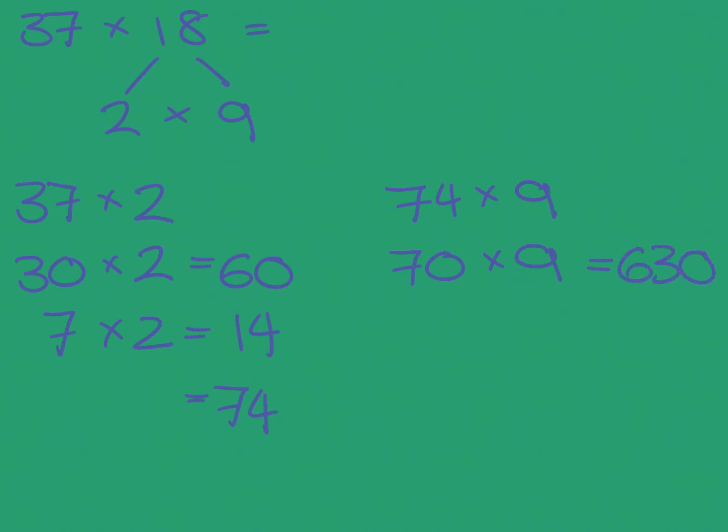Then I need to times it by my other factor, so 74 times 9. Again, I'm going to use place value. 70 times 9: I know that 7 times 9 is 63, but it's really 7 tens, so 70 times 9 is 630. Then 4 times 9 is 36. Add them both together, that gives me 666.